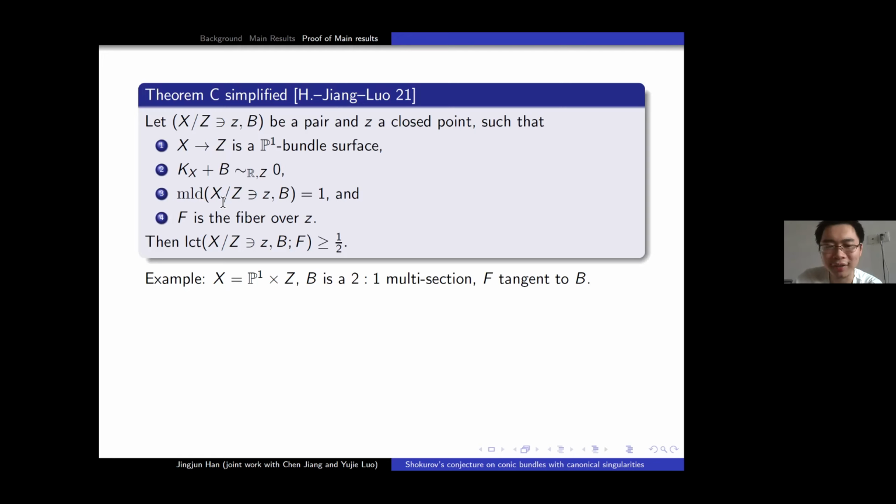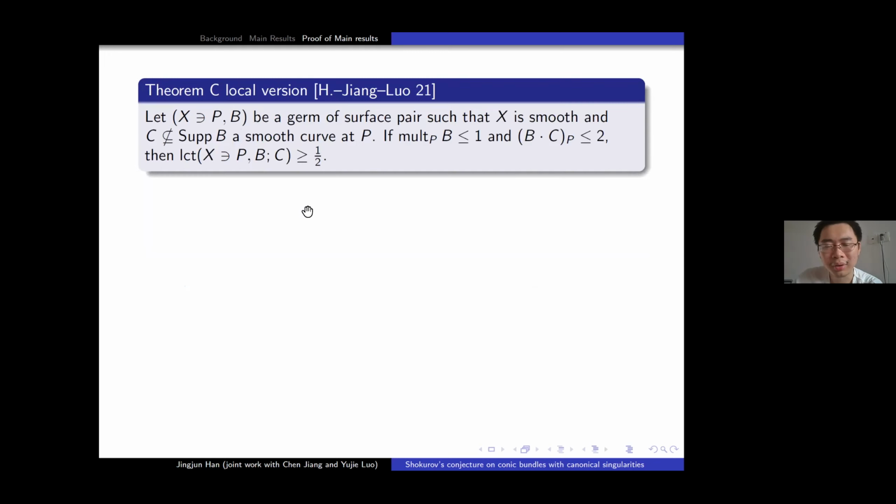The reason is that in the surface case, when MLD is larger than or equal to 1, we can translate this assumption to an assumption on the multiplicity. To let MLD be larger than or equal to 1 is equivalent to the multiplicity of B at this point being less than or equal to 1. When the MLD is less than 1, there's no equivalent definition or equivalent statement.